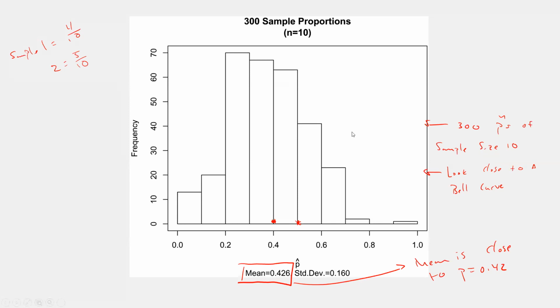So now let me show you next what it would look like if, instead of 10 people, I called 50 people in each sample. You okay if I move on? Okay, good.